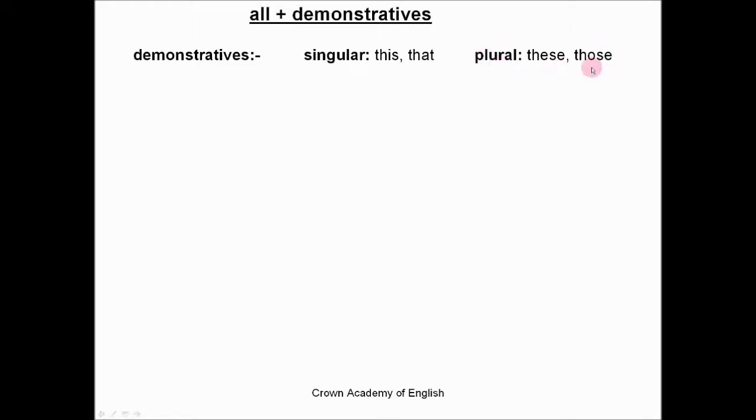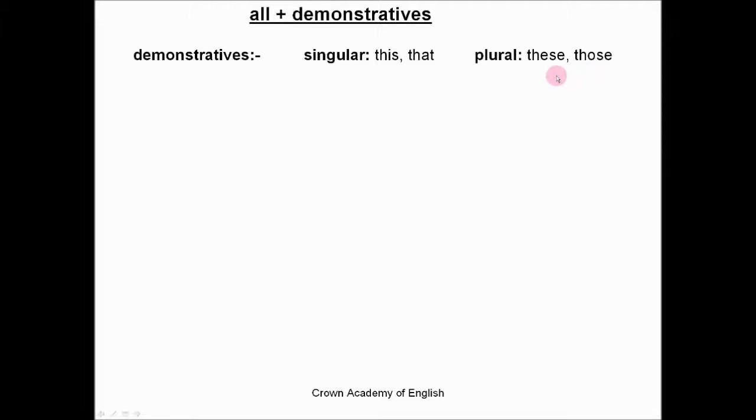Because all and every are only referring to nouns in the plural. So this lesson we are just looking at the words these and those. So the rule is similar to the possessive pronoun.